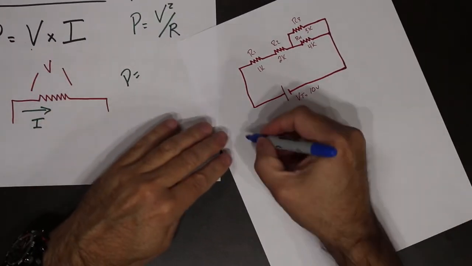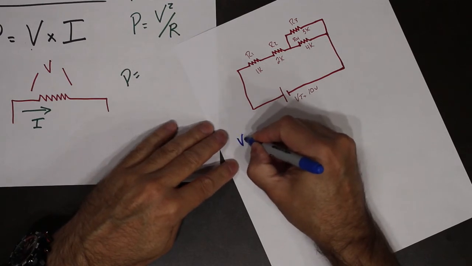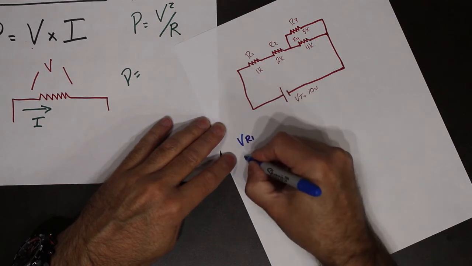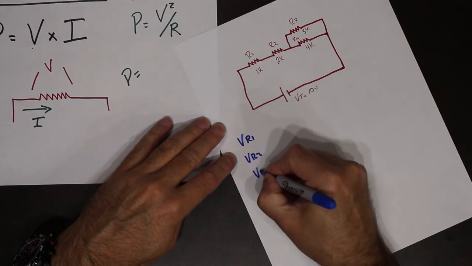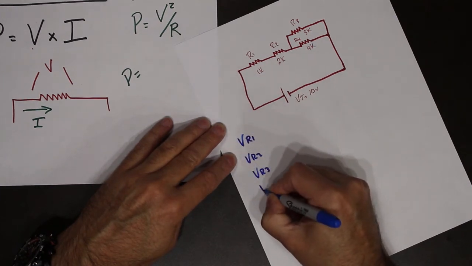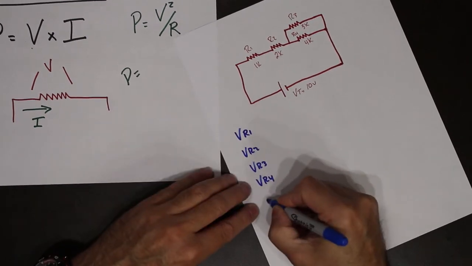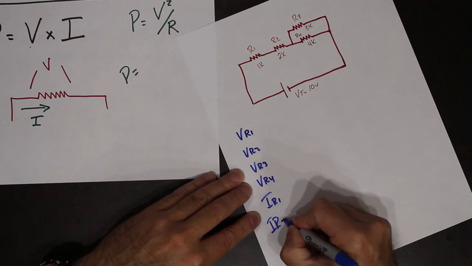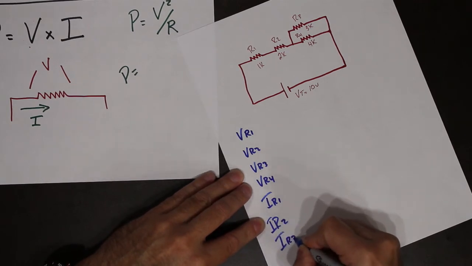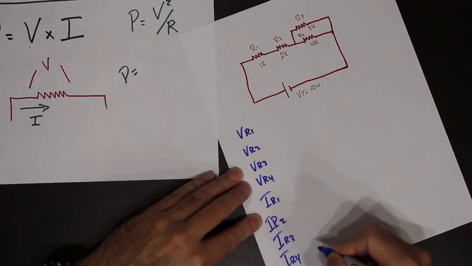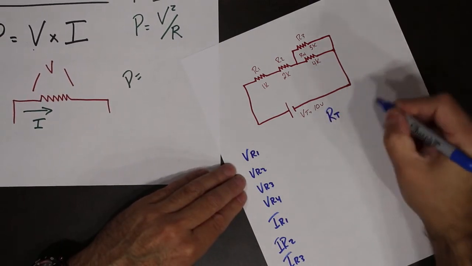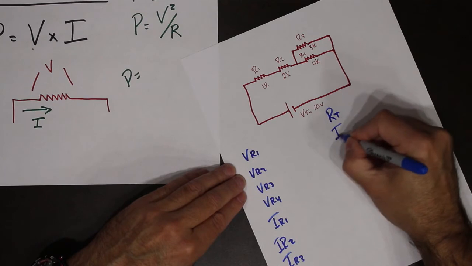In this case, we need to find VR1, VR2, VR3, VR4. We need to find IR1, IR2, IR3, and IR4. We need to find R total of the circuit, and we need to find I total of the circuit.